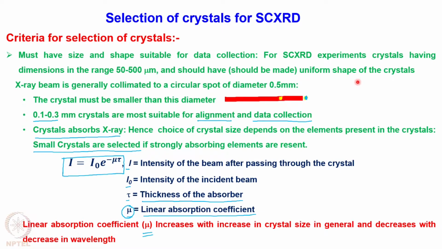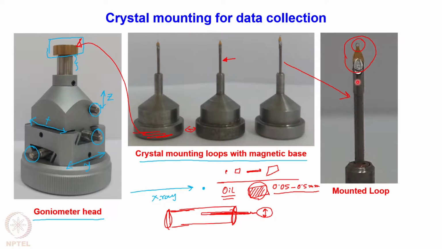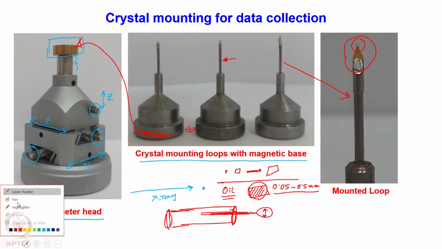Then we learnt about selecting a crystal, and we learnt about how to mount a crystal. In this part of the lecture, I think I did not mention another way of mounting which we used to use at some point of time, but even now one can use it for data collection in case you do not have access to these loops.